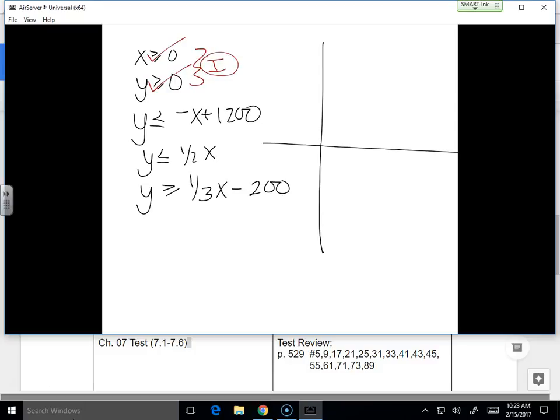Okay. What units would you guys be going by if you're going by 200 and 1200? Yeah, let's do that. So we'll go 2, 4, 6, 8, 10, 12. Sound good? And negative 200?